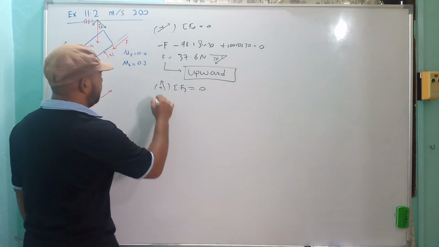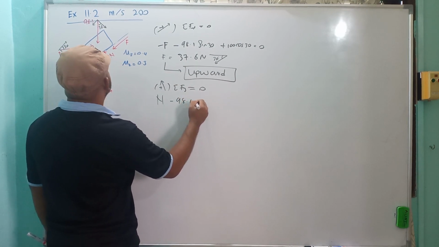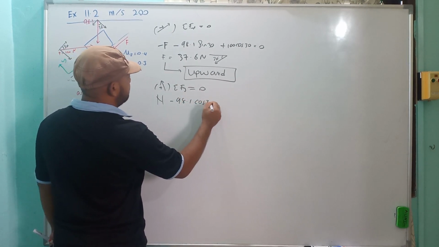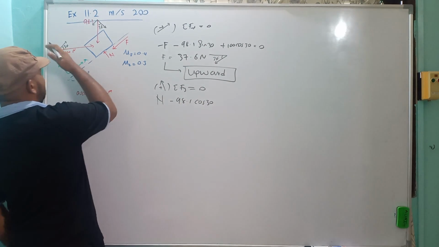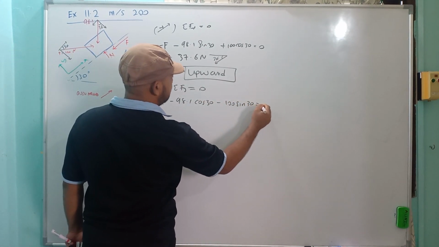So sigma Fy equal to 0, so you have N minus 98.1 cos 30, also minus 100 sin 30 equal to 0.